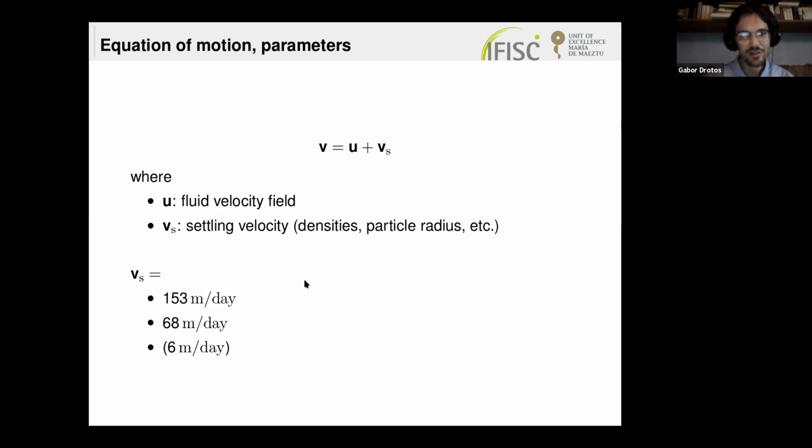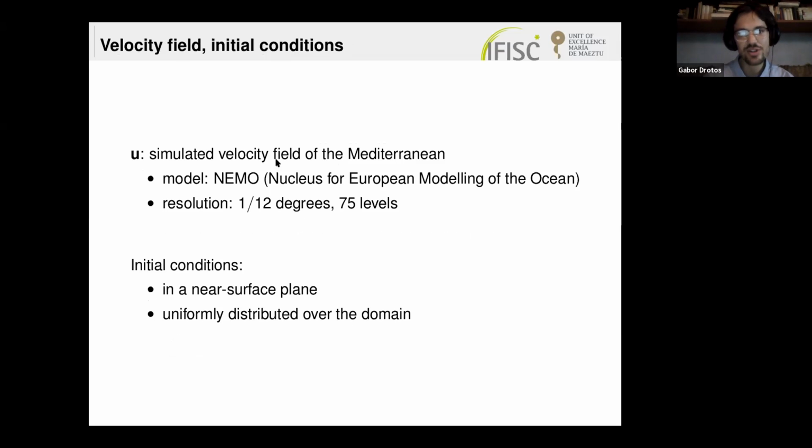And the other thing to specify here in the equation of motion is the velocity field, which is a simulated velocity field from the Mediterranean, based on a rather large scale, but realistic model.